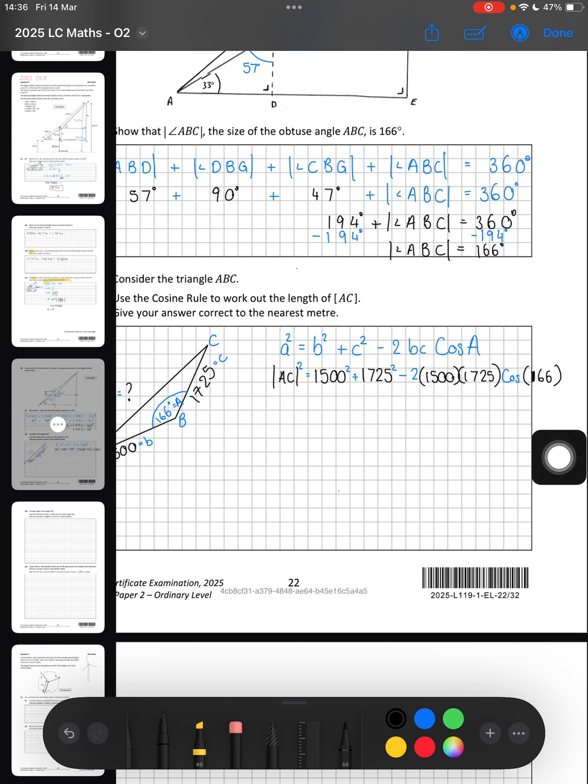So you can type this full thing into your calculator if you want. And that is going to give us whatever AC's length squared is. So 1,500 squared is 2,250,000. 1,725 squared is 2,975,625.